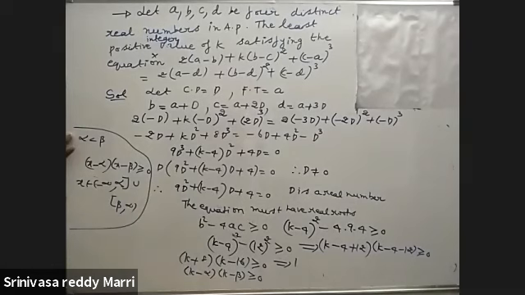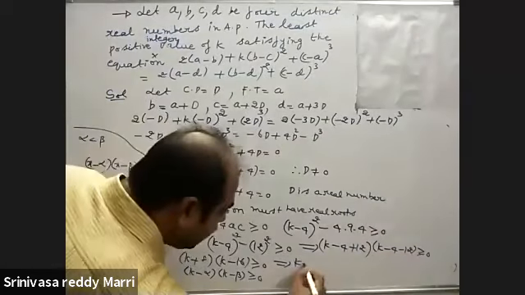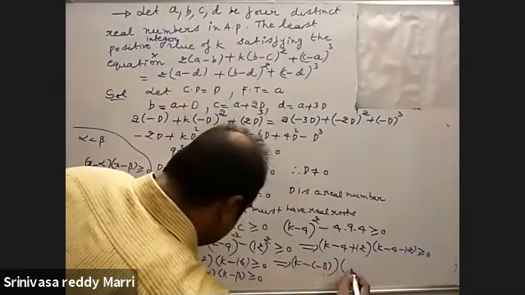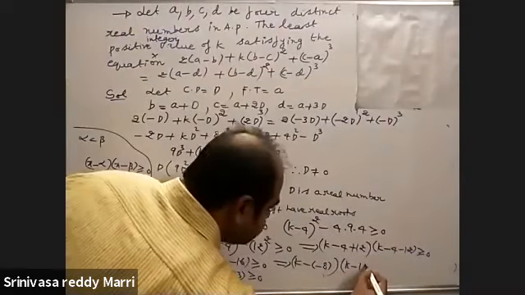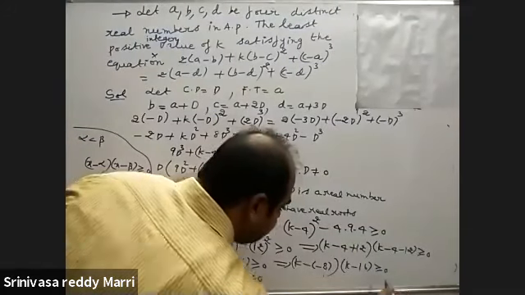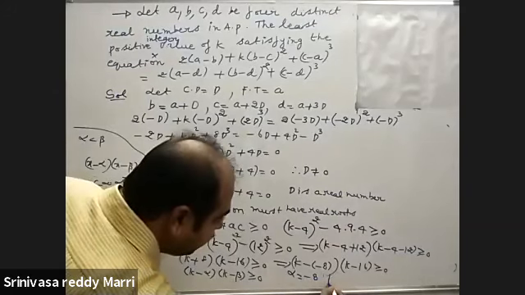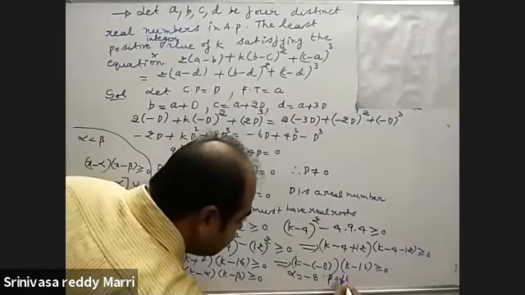This is the formula you have to apply. That means k minus of minus 8 into k minus 16 greater than or equal to 0. Here alpha is nothing but minus 8, beta is nothing but 16.